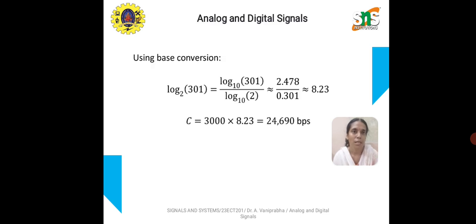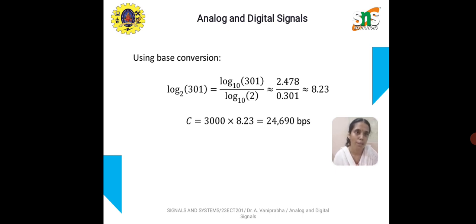So, the next step is applying the base conversion. Log base 2 of 301 can be found with the help of common logarithms, base 10: log base 10 of 301 divided by log base 10 of 2. From the logarithmic table we can apply the values 2.47 and 0.301.